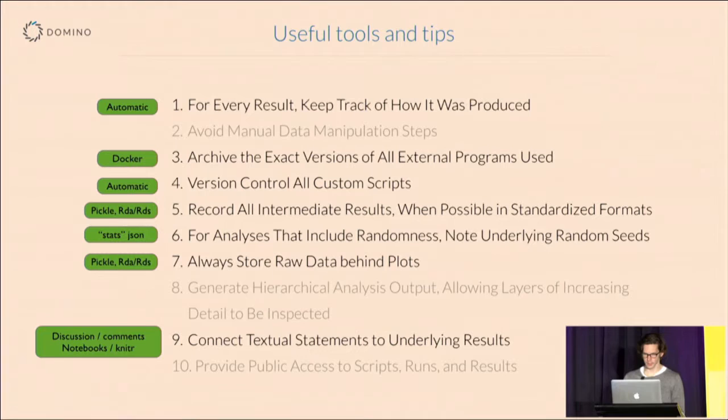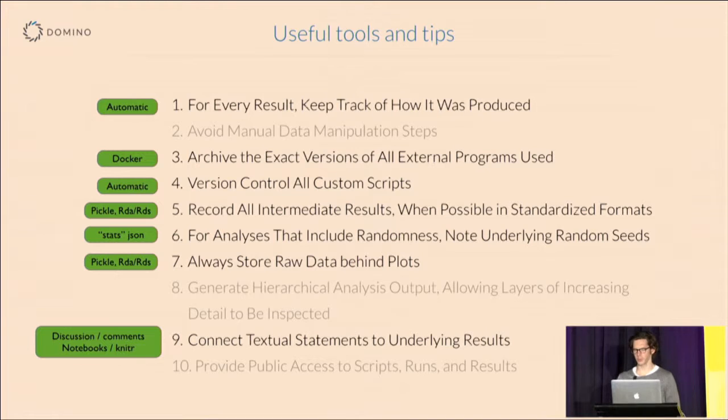If we go down that list that we showed a minute ago, first thing was: for every result you produce, keep track of how it was produced. What I'm advocating is a system that does that automatically, so people don't have to worry about it. If you rely on people to track things, there are going to be mistakes. So what I've shown just happens automatically.